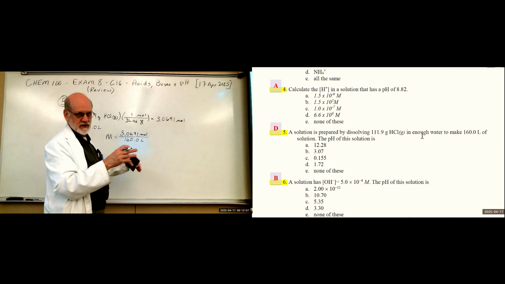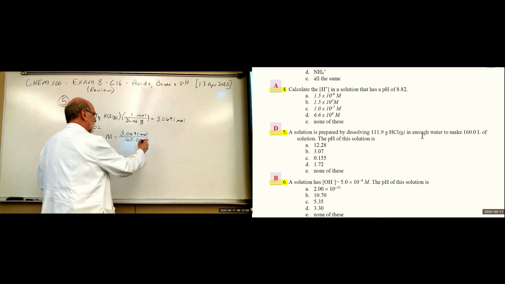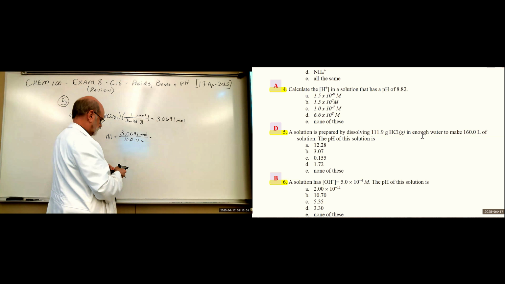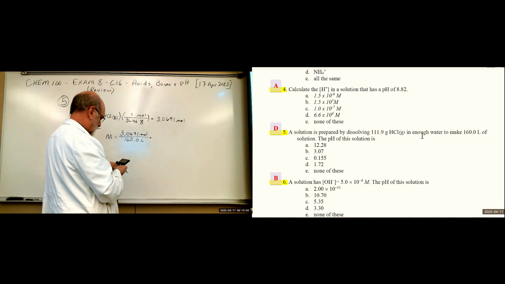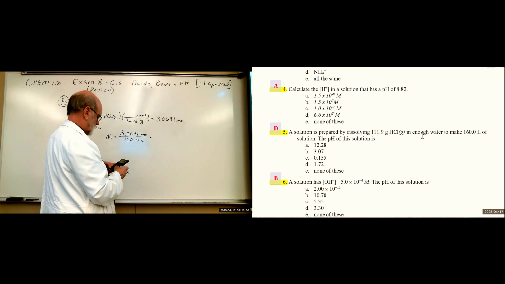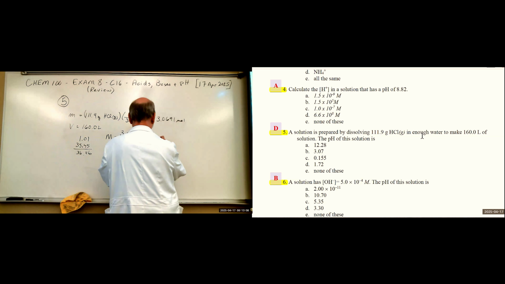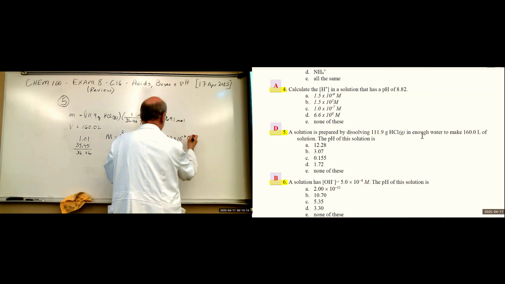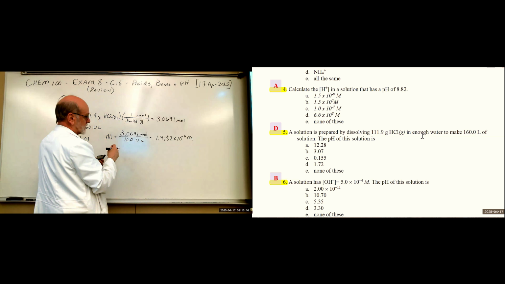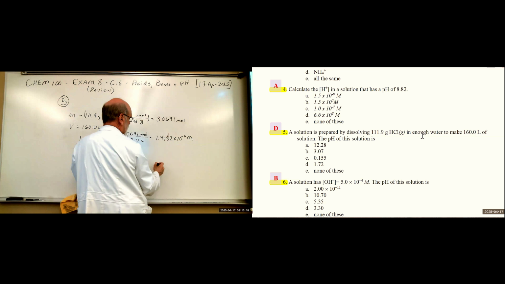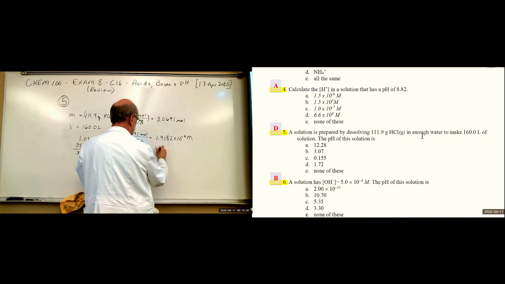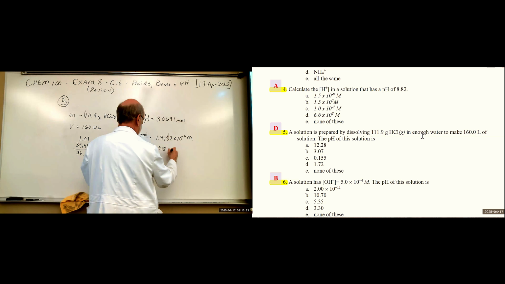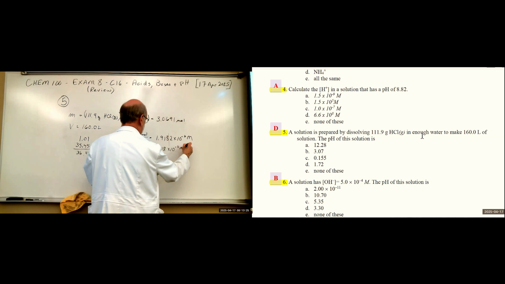I'm keeping an extra one just to avoid rounding error. So divide by 160 and I get 1.9182 times 10 to the minus 2 molar. And 4 significant figures would be right there. So we have 1.918 times 10 to the minus 2 molar hydrogen ions.